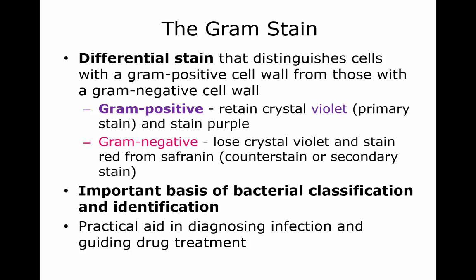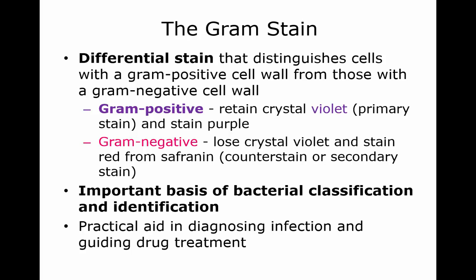So it's a way of staining, dyeing bacteria, in order to distinguish a gram-positive cell wall from a gram-negative cell wall. So really quickly, just to give you colors, gram-positive bacteria will always stain purple. The reason they stain purple is they retain the crystal violet, which is a very deep purple dye.